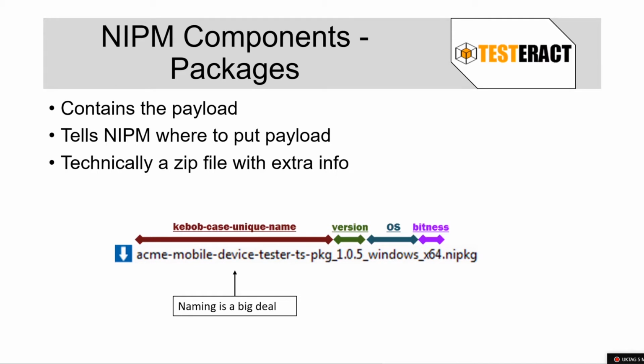You can actually put 32-bit software into a 64-bit package, if that makes sense, because the 64-bit package is working on the 64-bit Package Manager. It's just used to install the packages. So don't get hung up on that. That's what a package is, and I'll show you how to make those during the demo.